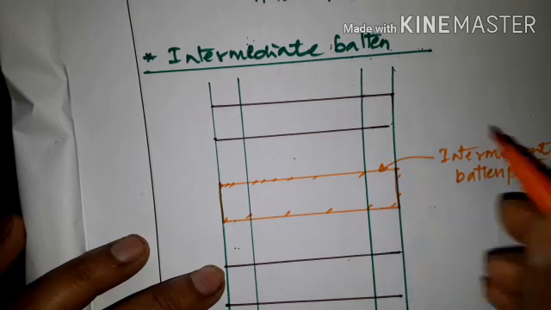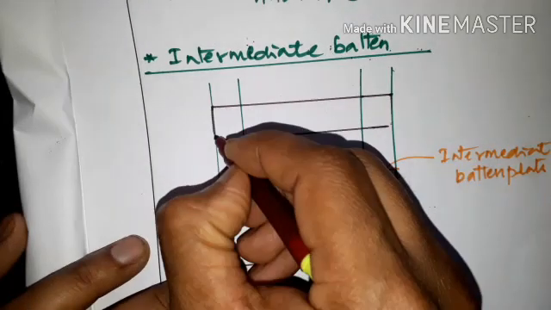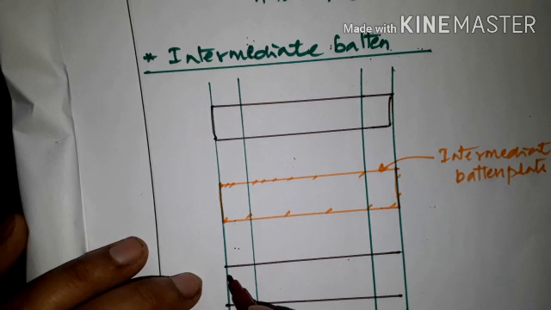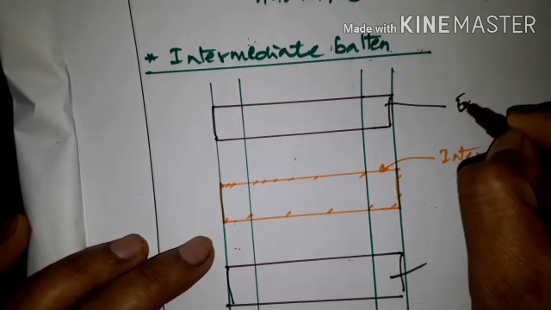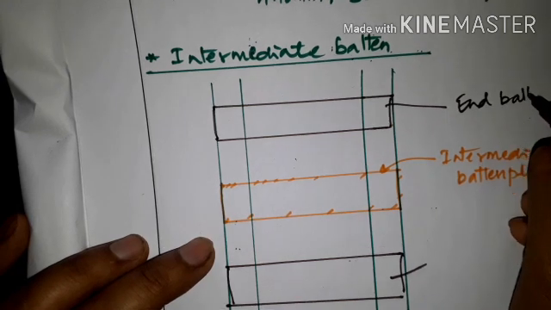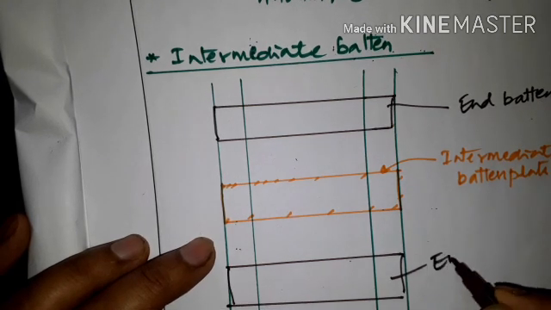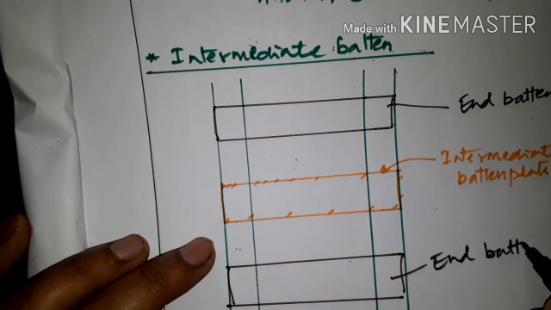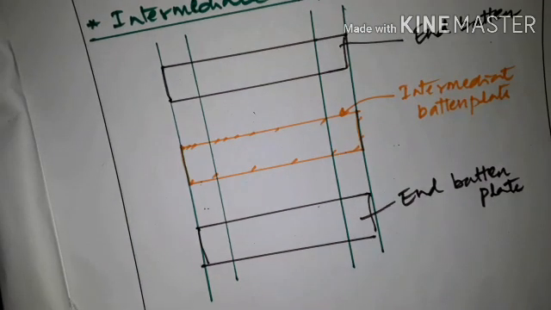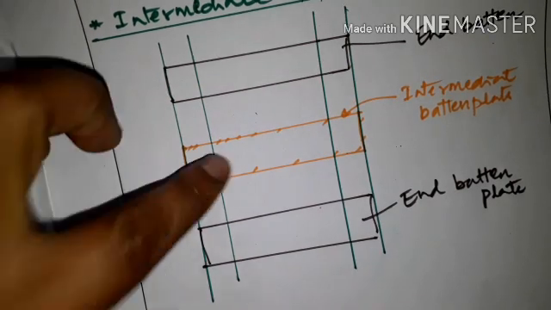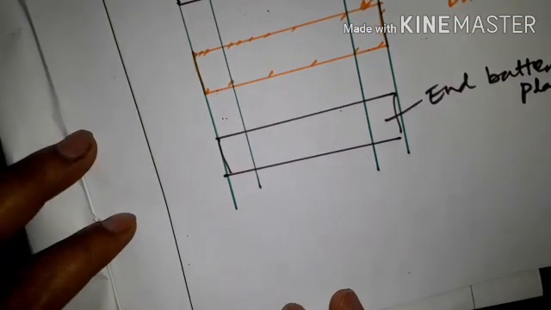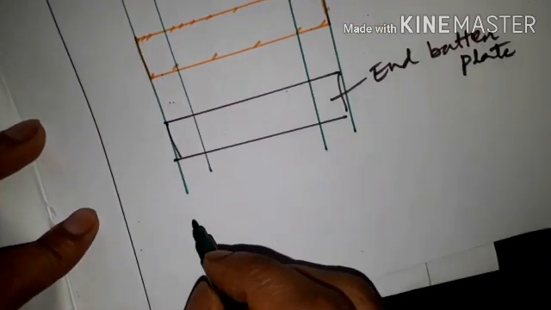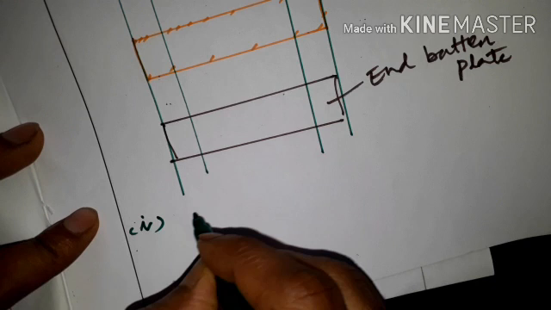This plate and this, which will be provided only at the end, are called end batten plates. Okay, these are all end batten plates. So we have designed the end batten. Now we have to design for the intermediate batten. So then again, first, effective depth.